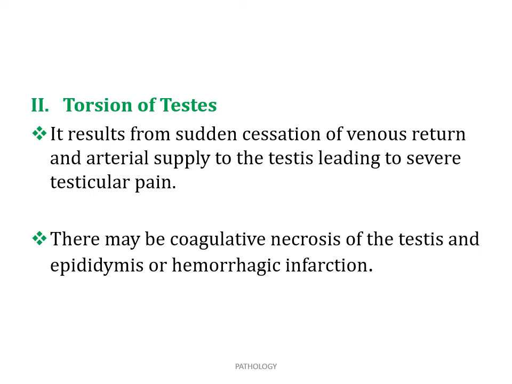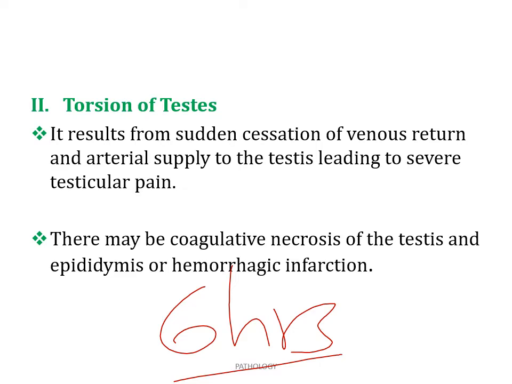Why? When the testes are exposed to ischemia for up to 6 hours, the testis will die. So it will become infertile and therefore not functioning. So it's better to make the diagnosis as early as possible, so that surgical intervention can be done.